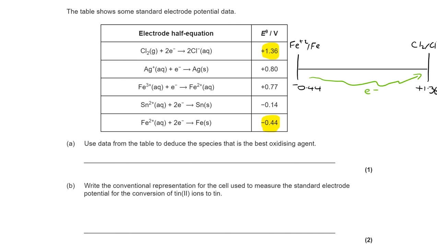Now, for that reason, we know that whatever's happening on the right-hand side will be reduction. And we know it's reduction because electrons are being gained. But the equation on the left will always be reversed from the half equation that you've been given. It will always be reversed to the oxidation half equation.